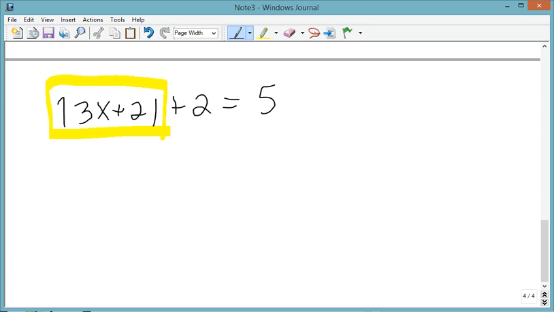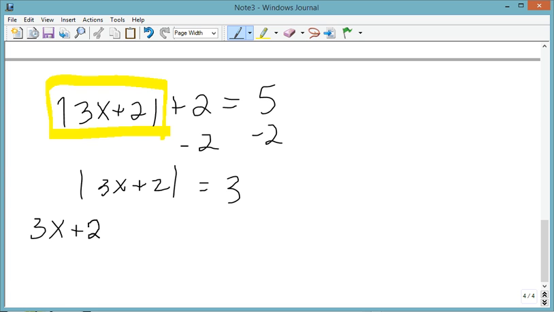In order to get it by itself, we'll subtract 2 from both sides. Now I have the absolute value of 3x plus 2 equals 3. Now I'm ready. When I have the absolute value by itself equal to a number, I can break it into two equations. I take that expression equal to that very number, 3, or that same expression equal to negative 3.